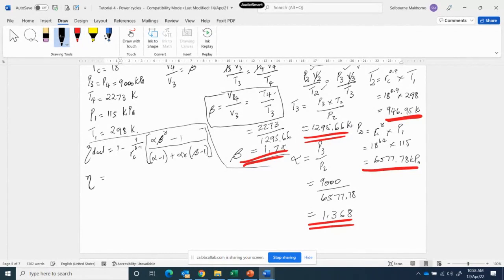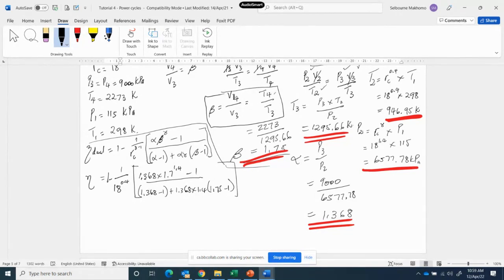So now we substitute. Thermal efficiency is 1 minus 1 divided by 18 exponent 0.4, times 1.368 multiplied by beta, 1.75, exponent gamma minus 1, divided by 1.368 minus 1 plus 1.368 by 1.4 times 1.75 minus 1.